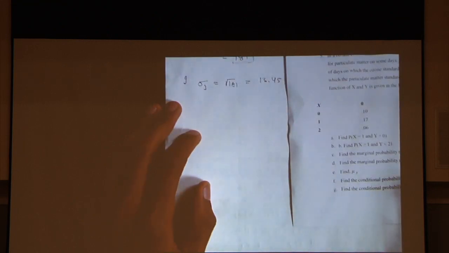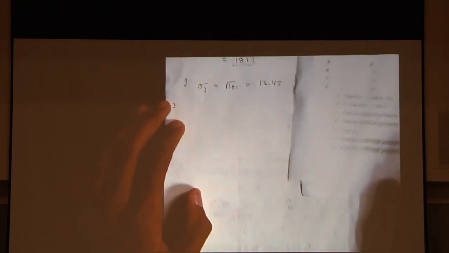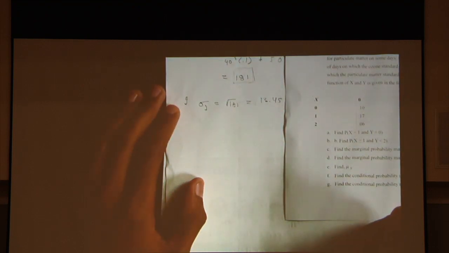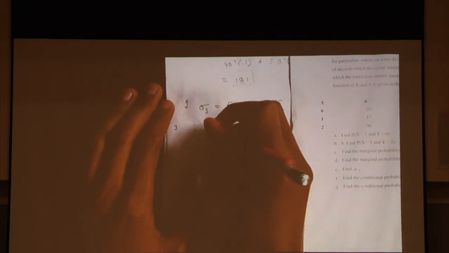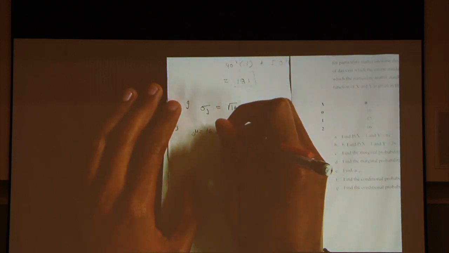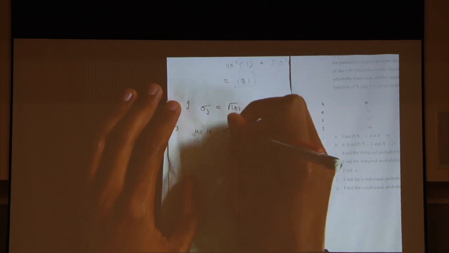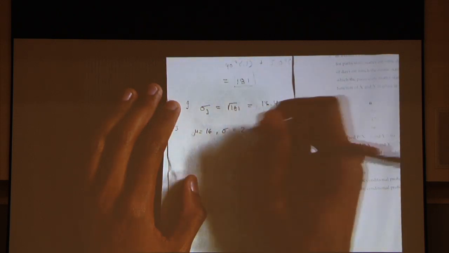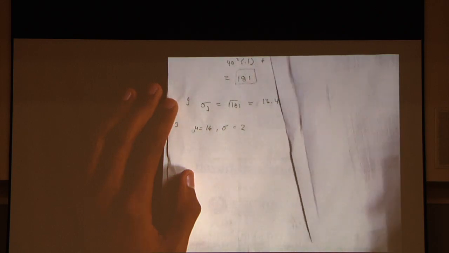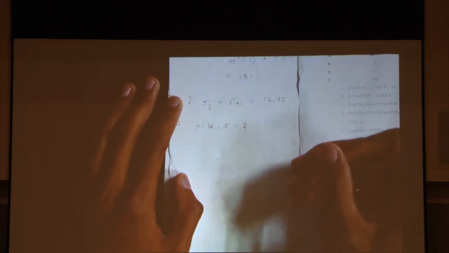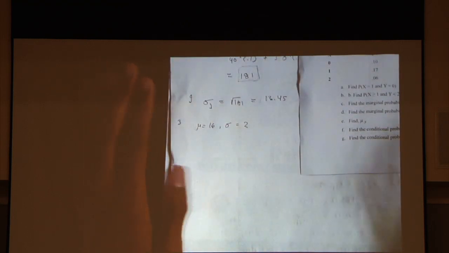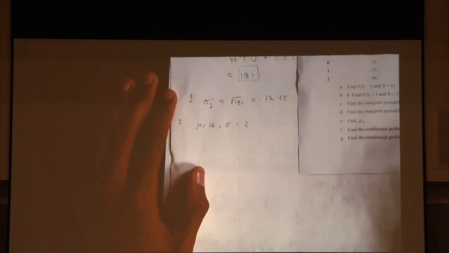Right, so for 3, what is the probability that a battery will last more than 19 hours, right? We know that for this case, the mean was 16 for the whole population, and the standard deviation was 2, right? So since it's normally distributed, the first thing you want to do is standardize it, because the z-table is all standard normal. So we have a normal distribution, now we want to make it standard.